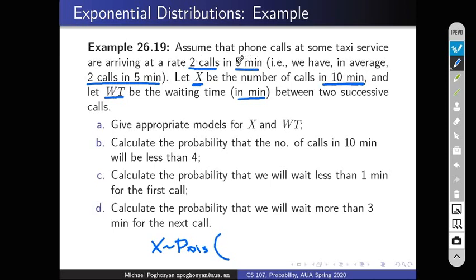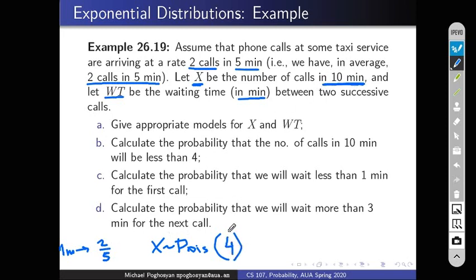So in 1 minute, we have on average 2/5 calls. So in 10 minutes, we will have 2/5 times 10, that is 4 calls.